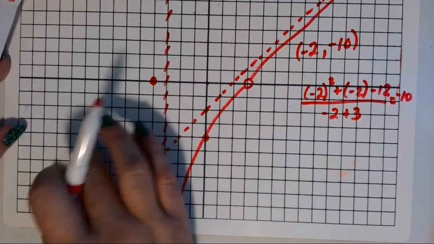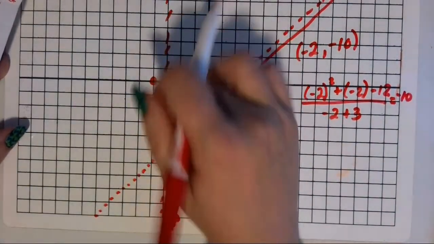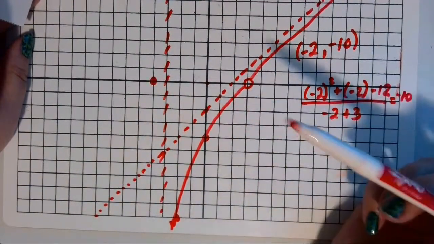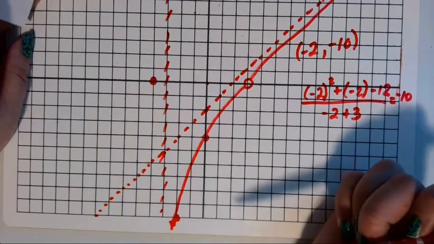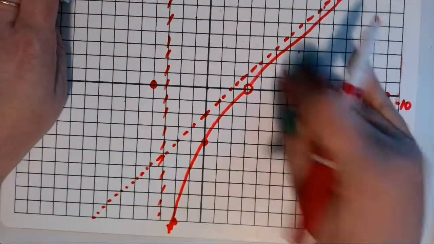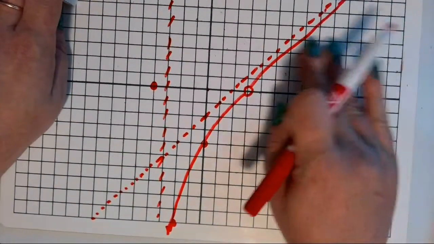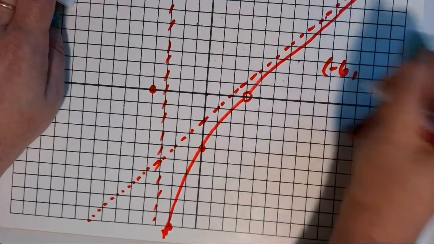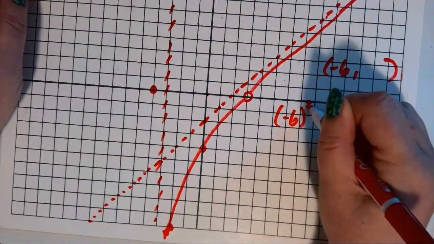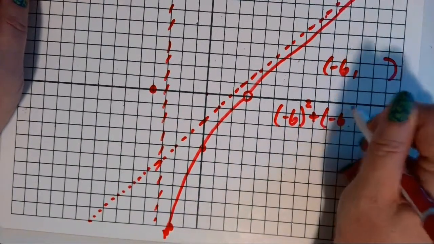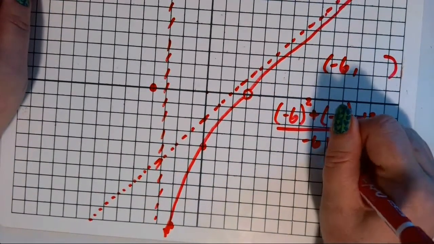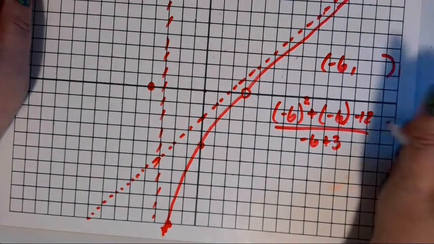Okay, now on the other side of that oblique and vertical asymptote, I've already got a point at negative 4. So let's scoot over a couple spots and try negative 6, for example. So if we do a negative 6 for the x, and we want to find the y that goes with it, that's negative 6 squared plus negative 6 minus 12, all divided by negative 6 plus 3.